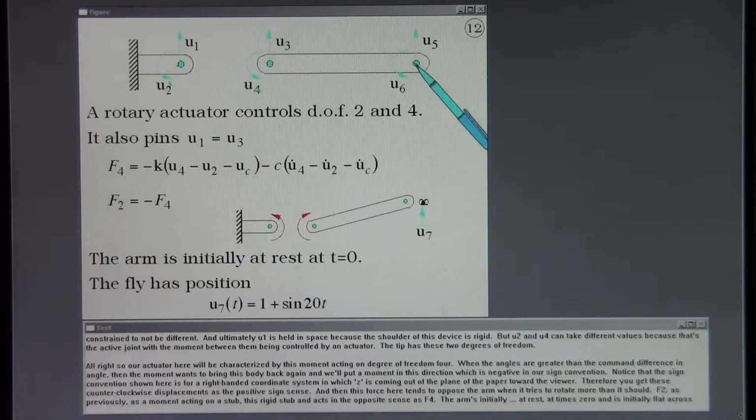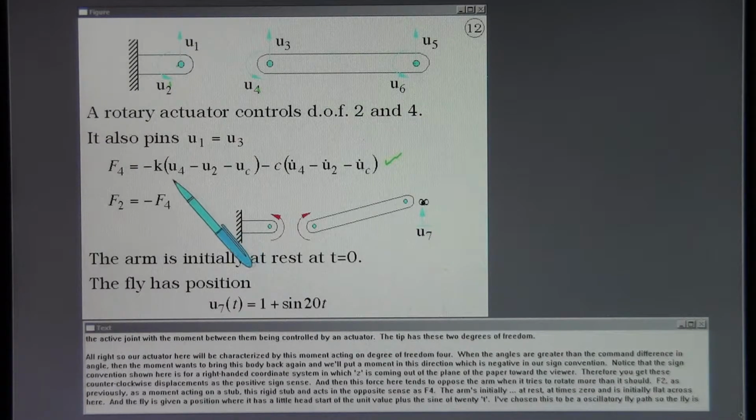Alright, so our actuator here will be characterized by this moment acting on degree of freedom 4. When the angles are greater than the command difference in angle, then the moment wants to bring this body back again and will put a moment in this direction, which is negative in our sign convention.